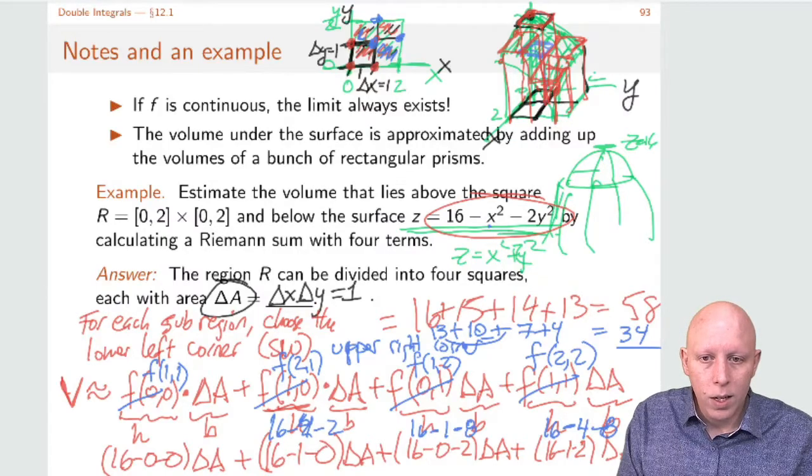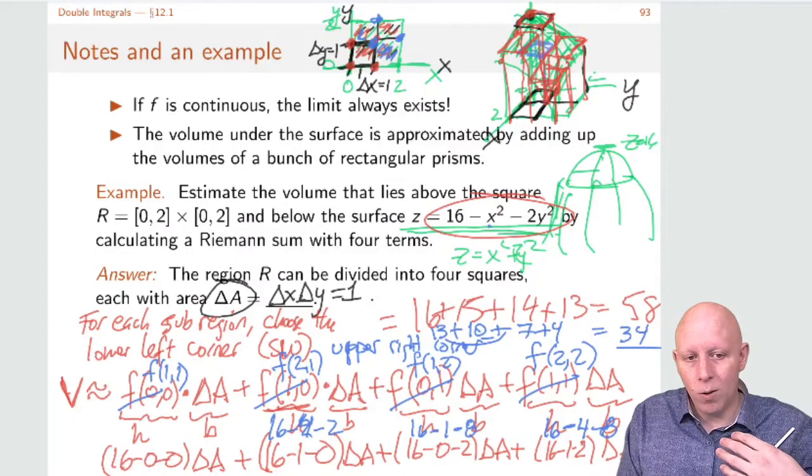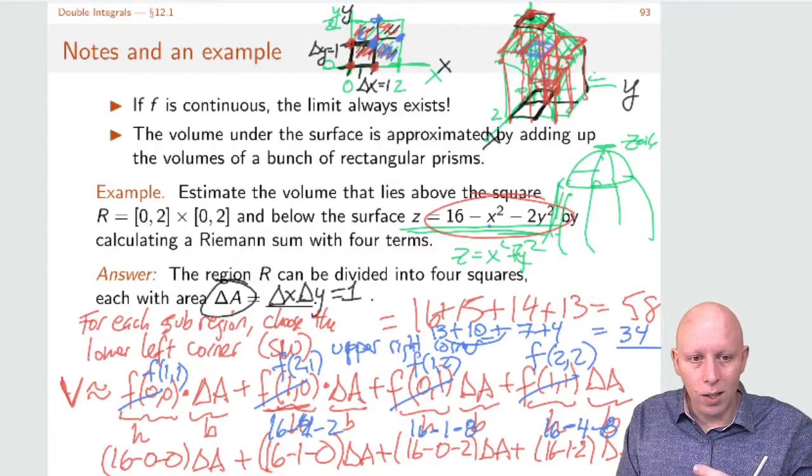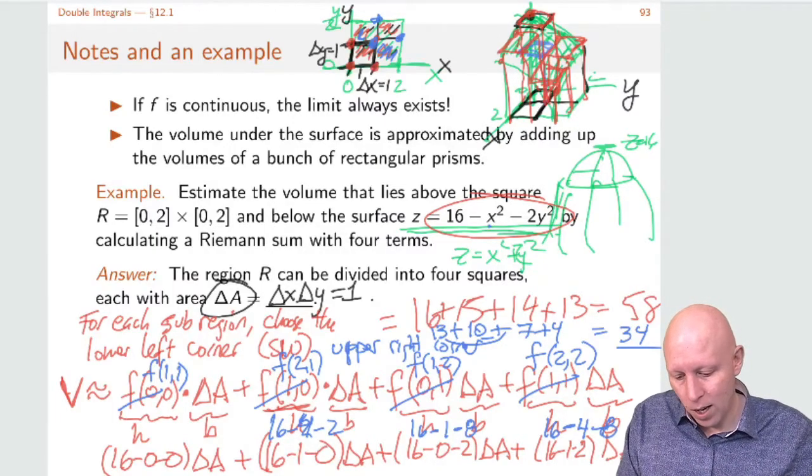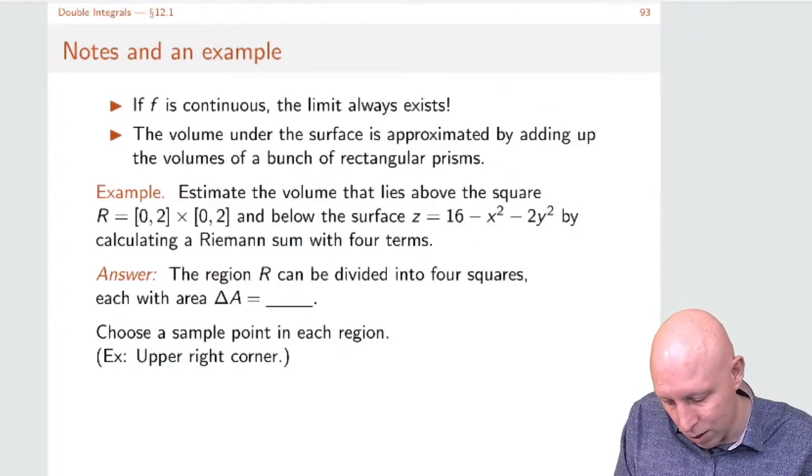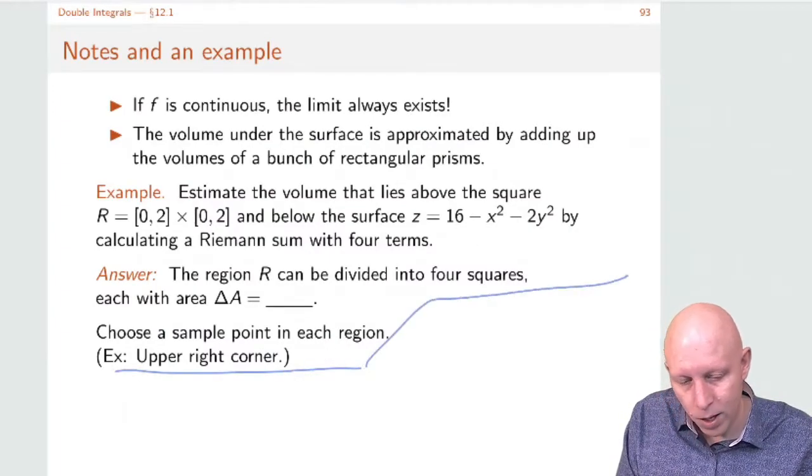All right, and let me just now say one thing that's going to be true for all of your double integrals. I'll just use this blank space right here.